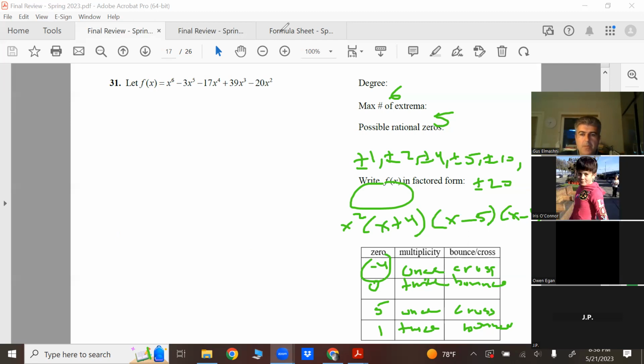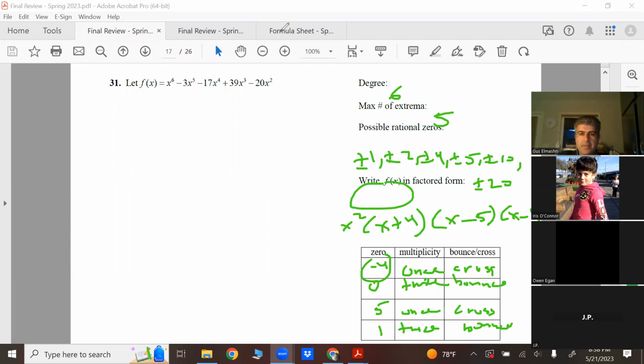Could you explain how you know whether the multiplicity is once or twice? Oh, because when the factor shows up more than once, I had x squared minus 2x plus 1. My factor had x minus 1 squared. That squared means twice. Or I factored out x squared. That squared means twice.